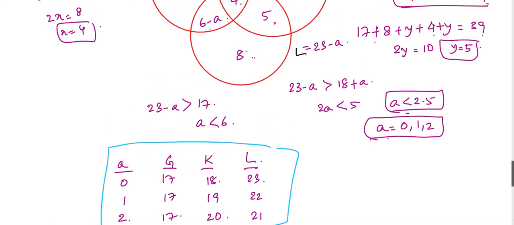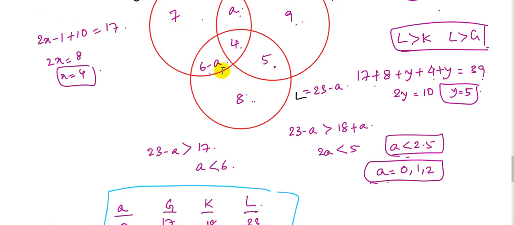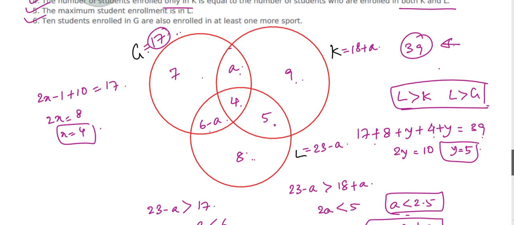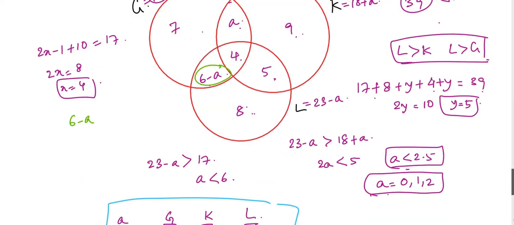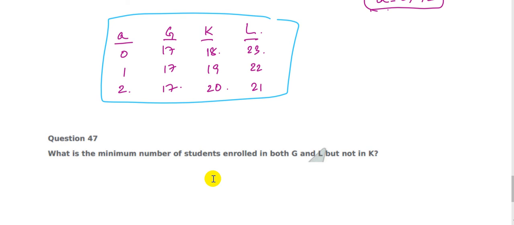Right? G and L but not K refers to this part, 6 minus A. Okay. So the question is, what should be the minimum value of 6 minus A? What should be the answer?